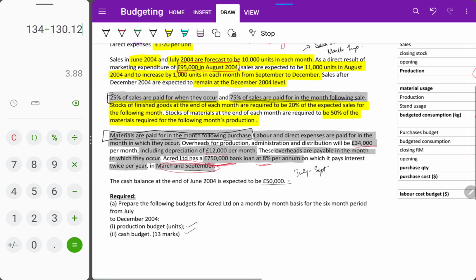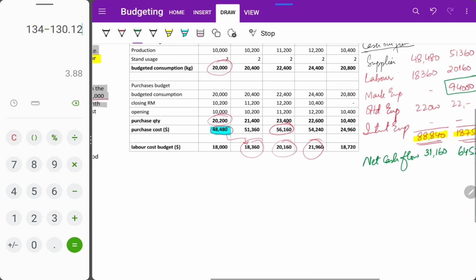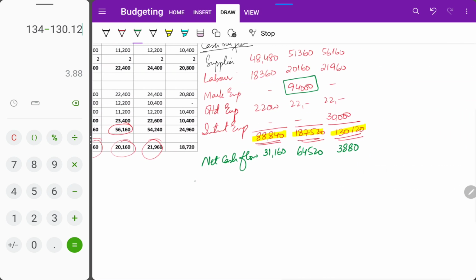And what is the opening cash balance? Opening cash balance is 50,000. So the closing balance is 81,160. This will be the opening balance of the second month.